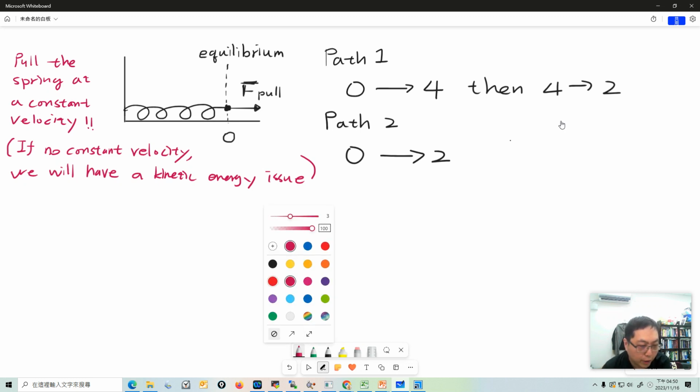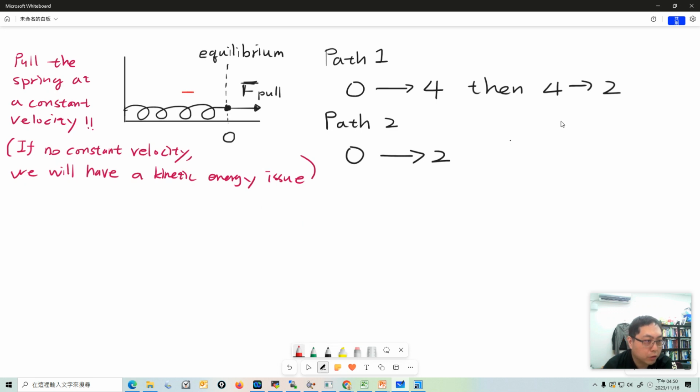Let me write down the spring force. At constant velocity, F pull is equal to F spring. By Hooke's law, F spring equals minus kx, where k is the force constant.